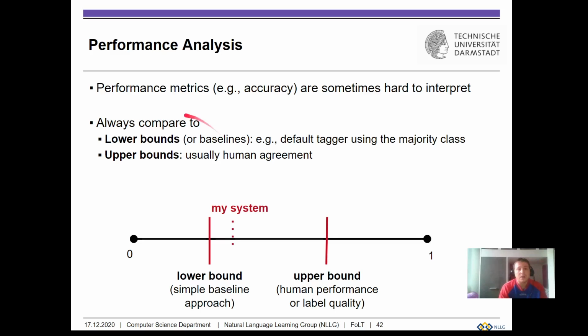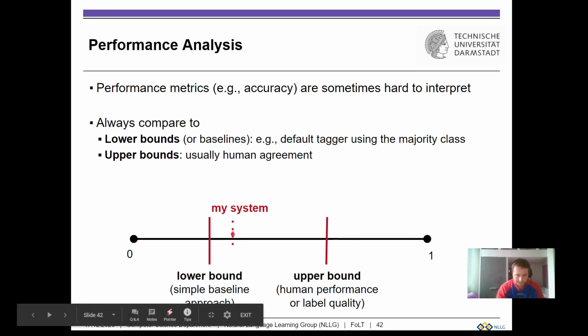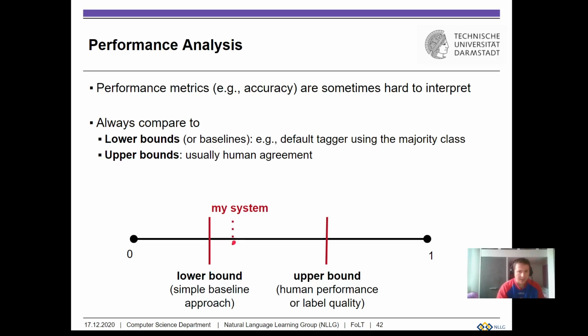If in contrast the lower bound, a very simple baseline, has 89%, then having 90% is not a good performance. So what you should do for a good evaluation is locate your system performance between those lower and upper bounds.